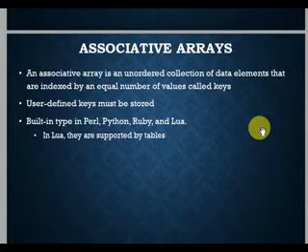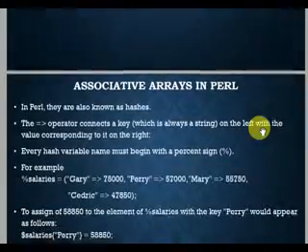So these user-defined keys must be stored. They are built in Perl, in Python, in Ruby, and Lua. In Lua they are supported using the table form. When you see the examples, it will be very clear to you.